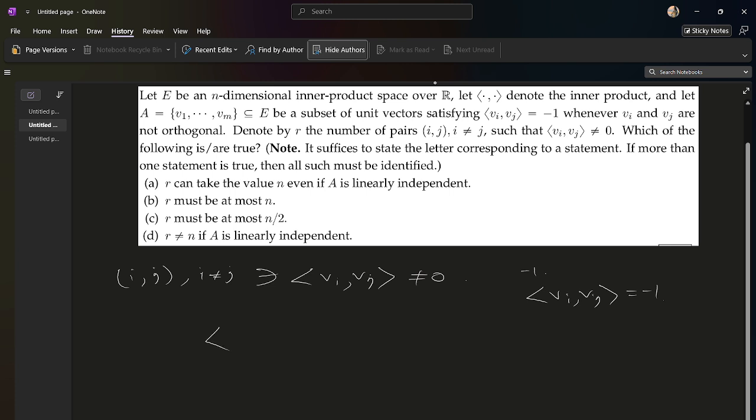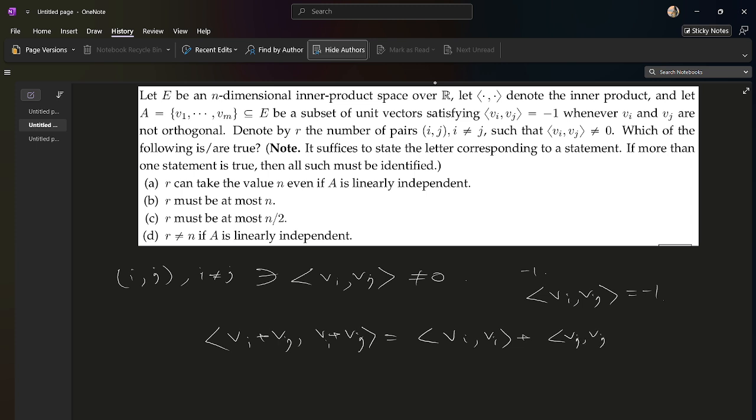So let us take the inner product of Vi plus Vj with itself. Then what we will get? That will be the inner product of Vi with itself plus the inner product of Vj with itself, plus 2 times the inner product of Vi, Vj.